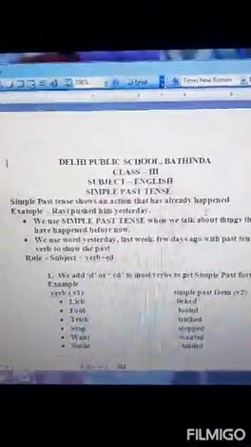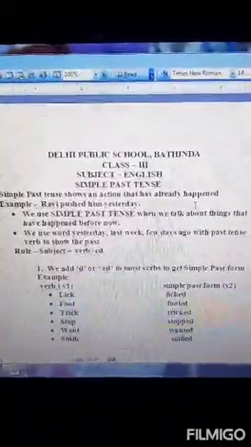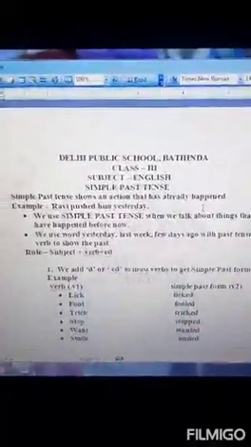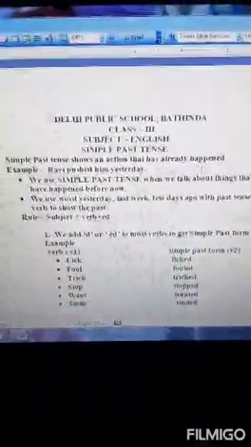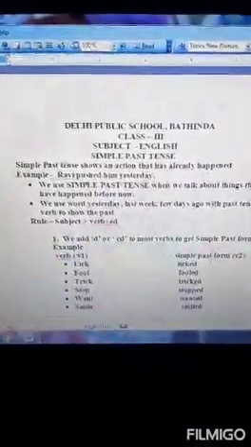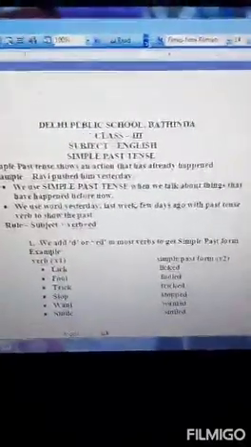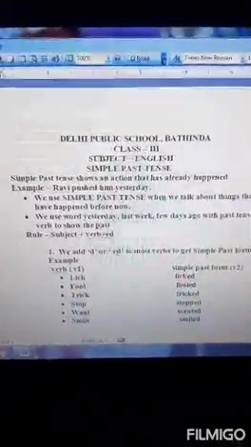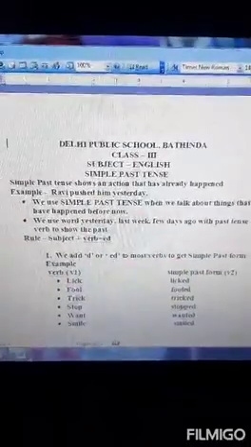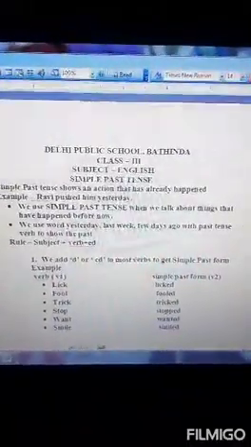So first of all, we will do the simple past tense today. As in our last class we did simple present tense. So what is simple past tense? Simple past tense shows an action that has already happened, means the work that has happened before. Fine.